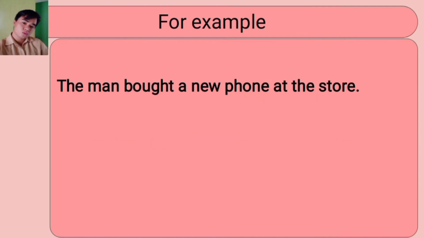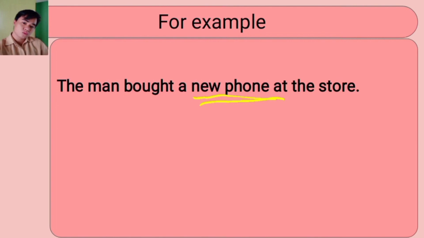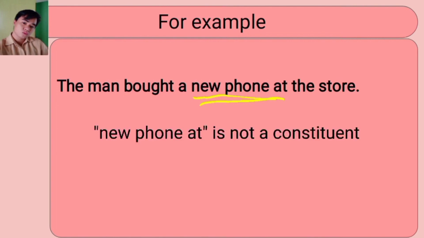I'll take "a new phone at" and try to see if that is a constituent. What we get is, it was a new phone at that the man bought at the store. And that is a horrible sentence. So, "a new phone at" is not a constituent.